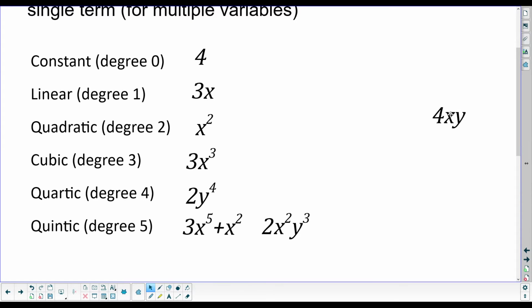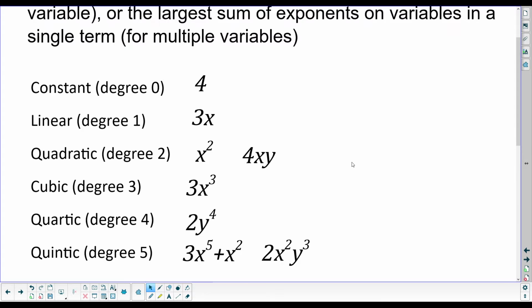And then this one, the degree of the 4 is 0, the degree of the x is 1, and the degree of the y is 1. If we add all those together, we get a degree of 2. So this is a quadratic. Okay, it's two variables, but it's considered a quadratic or degree 2.